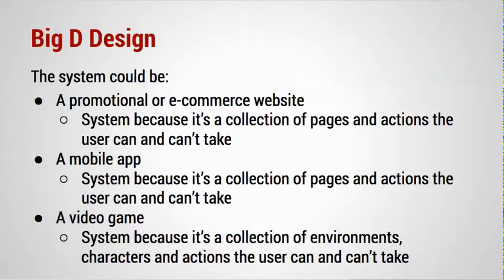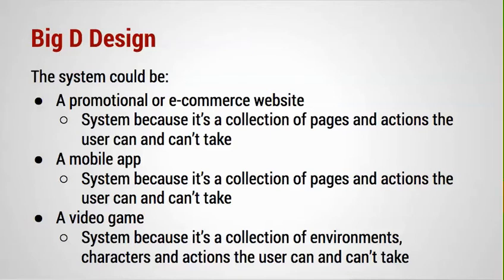Does each product get its own page? How are the products organized? Are they organized by what gender they're for? Are they organized by price? Can they be organized by both? What kind of actions can the user take? Can the user add things to a cart? Can they take things out of the cart? Can they not take things out of the cart? Designing a system involves a lot of these big questions about how what you're making is going to behave.